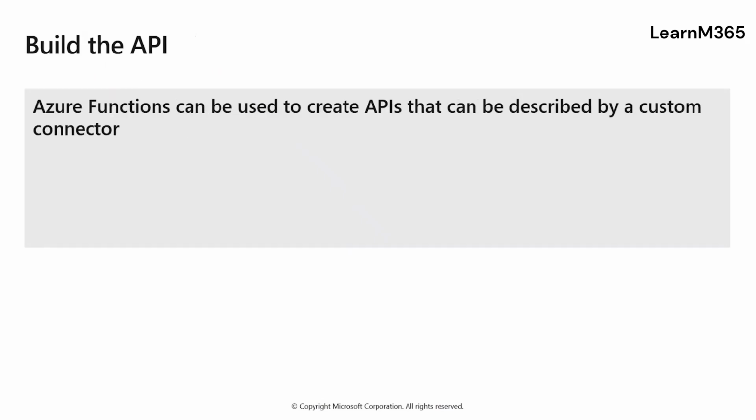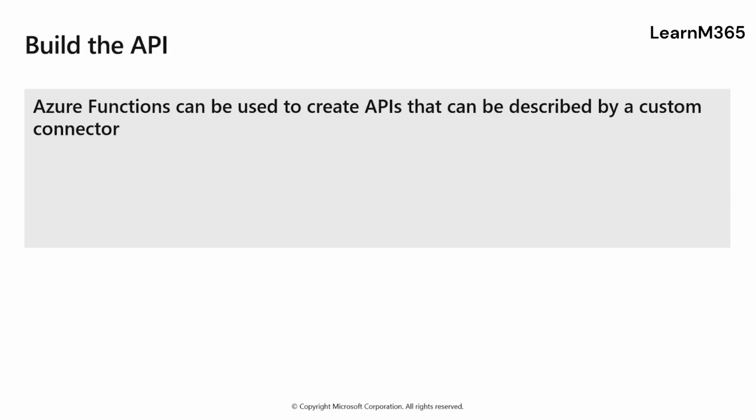The next step, build the API. So basically, if a compatible API doesn't exist, developers can build one by using any technology of choice that is capable of hosting a REST API, including Microsoft Azure Functions and Azure App Services.